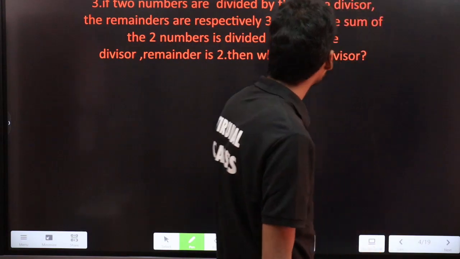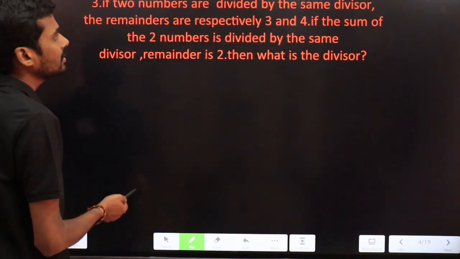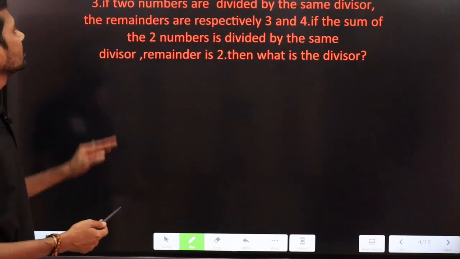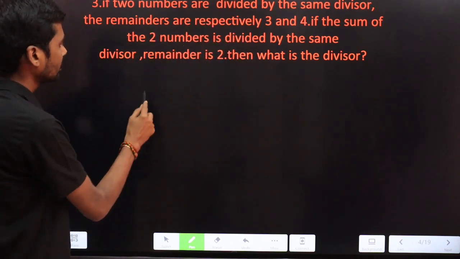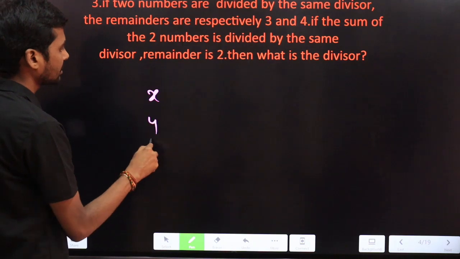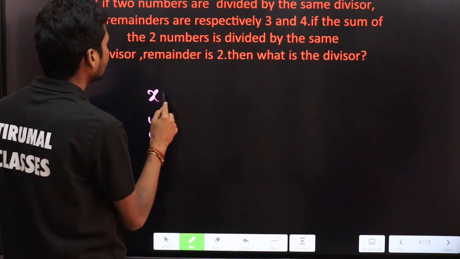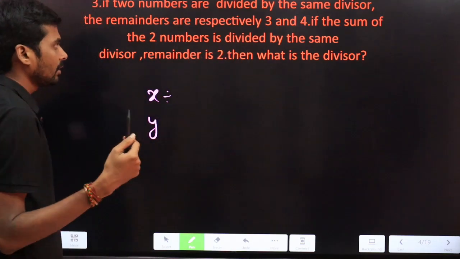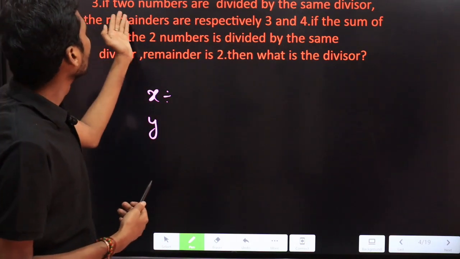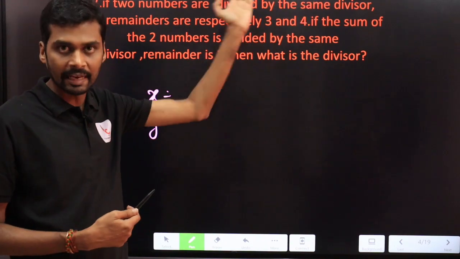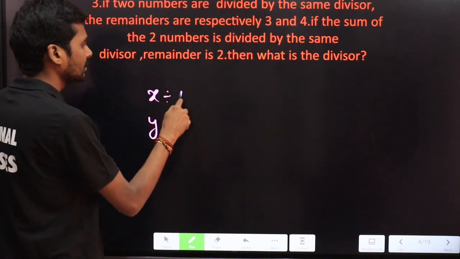Okay, so let's take another one. If two numbers are divided by the same divisor, the remainders are respectively 3 and 4. Two numbers means let's take x and y, divided by the same divisor, and we don't know what the divisor is, so let's take that the divisor is n.